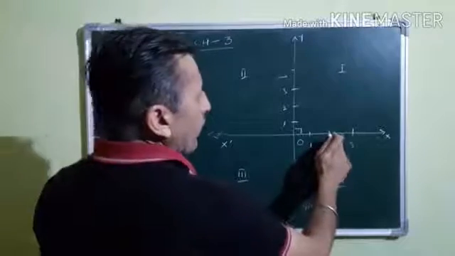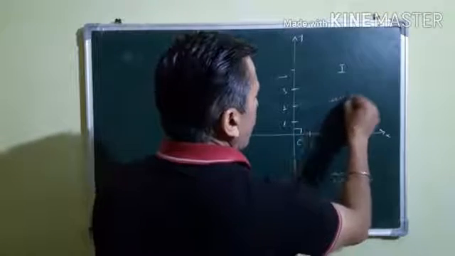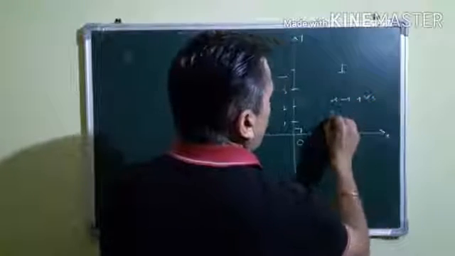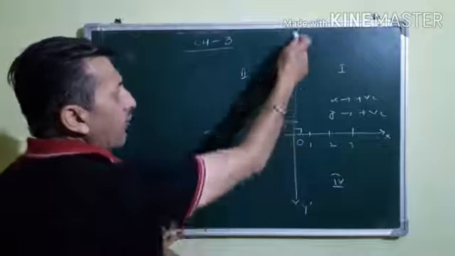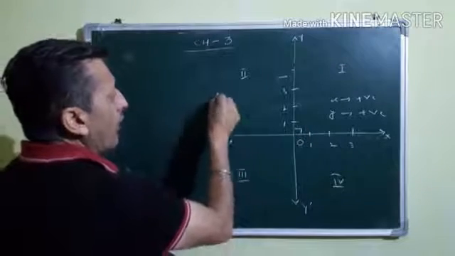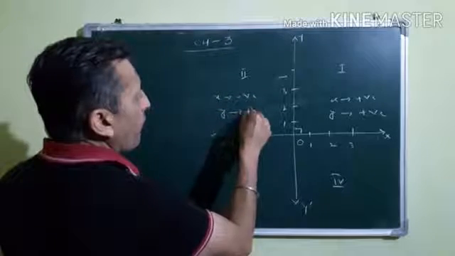In the first quadrant, x is positive and y is also positive. In the second quadrant, y is the original line but x is your x dash, so x is negative but y is positive.